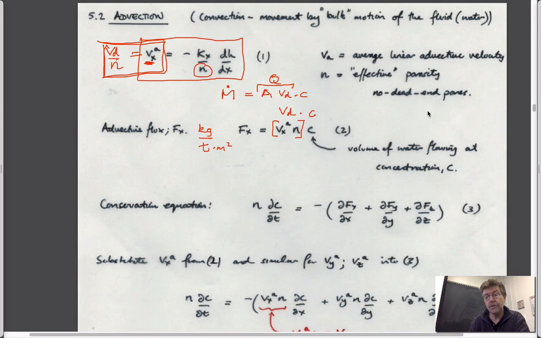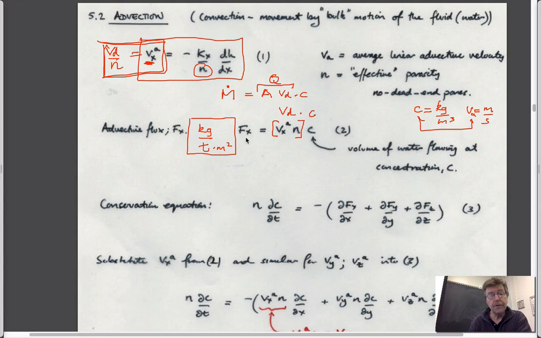If concentration is in units of kilograms per meter cubed, and velocity is in meters per second, then if you take the product of these two, you should get kilograms per meter squared second, which is this. Anyway, it doesn't matter, just playing around with the units.